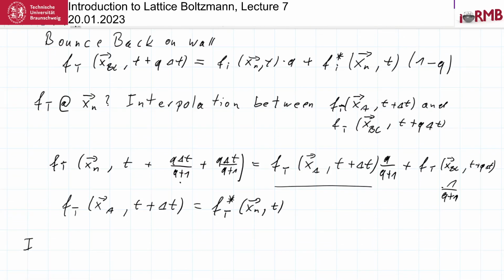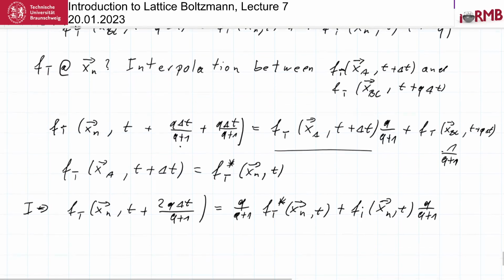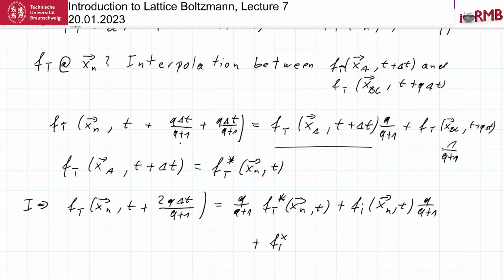So then introducing equation 1 into this gives us fi opposite direction xn t plus 2q delta t over q plus 1 is equal to q divided by q plus 1 fi post-collision xn and t plus fi xn and t in q and q plus 1 plus fi post-collision xn t times 1 minus q divided by q plus 1.